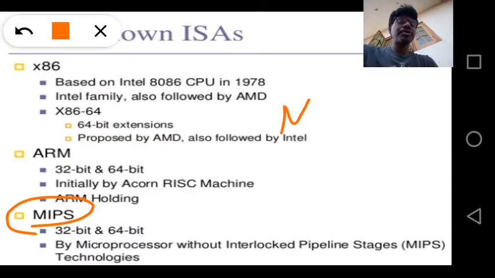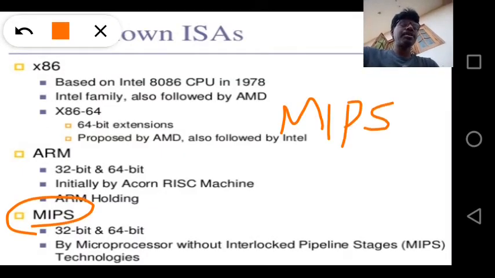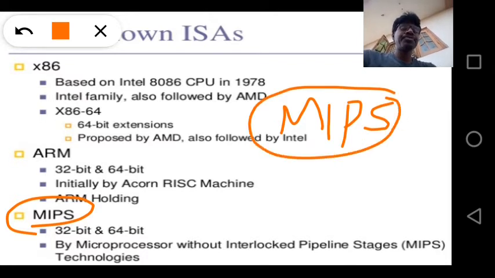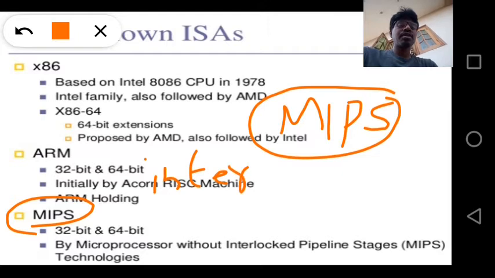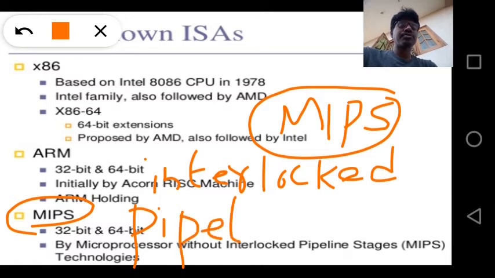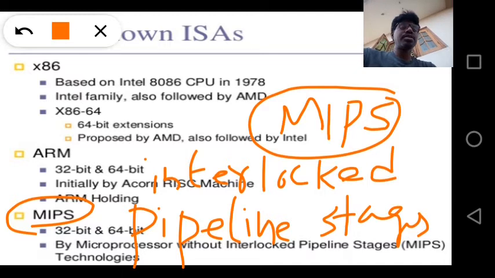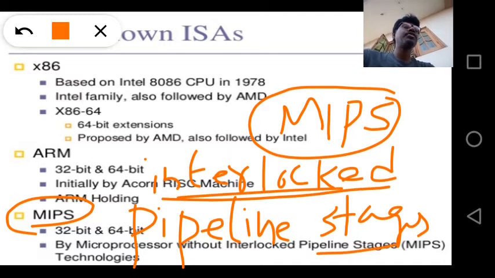The specialty of this MIPS processor is that it doesn't have interlocked pipeline stages. So it has the pipeline stages that doesn't have any interlock, any lock in between.